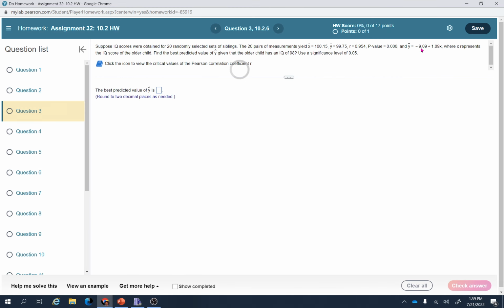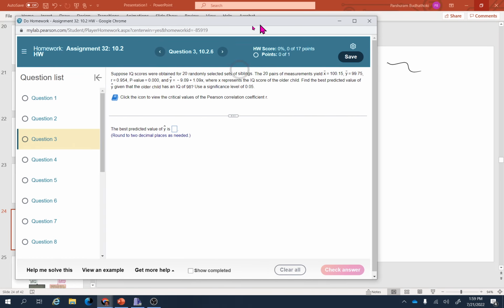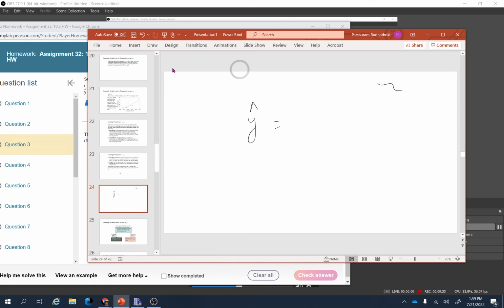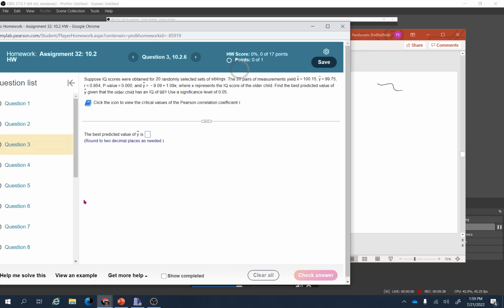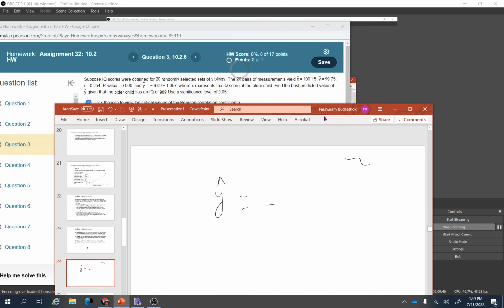It's negative 9.09 plus 1.09 x. So we have to find Y cap when x is 98.